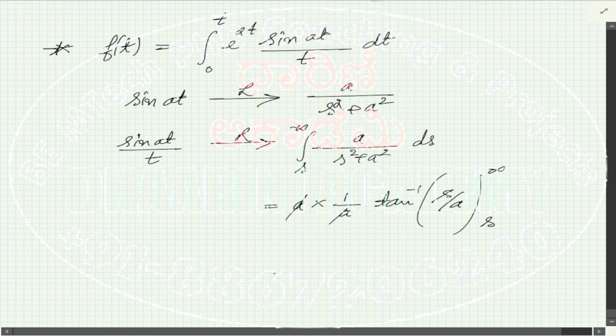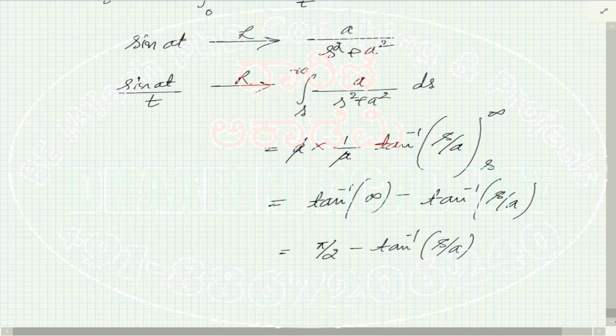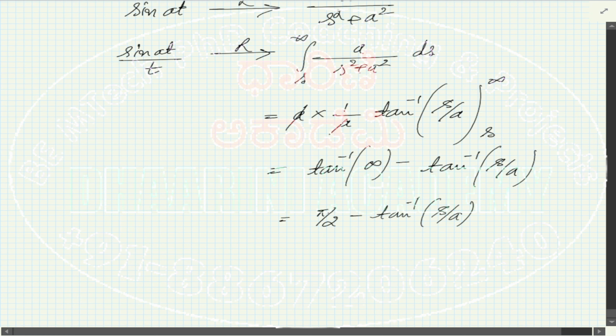Okay, so this means it is equal to tan inverse of, when you put s as infinity, it is this, minus tan inverse of s by a. So tan inverse of infinity is what? It is pi by 2 minus tan inverse of s by a. So I know that pi by 2 minus tan inverse becomes cot inverse.